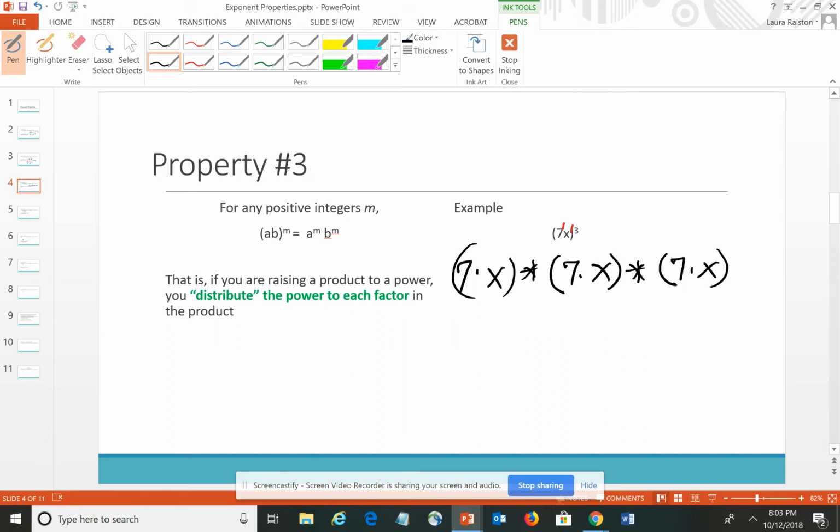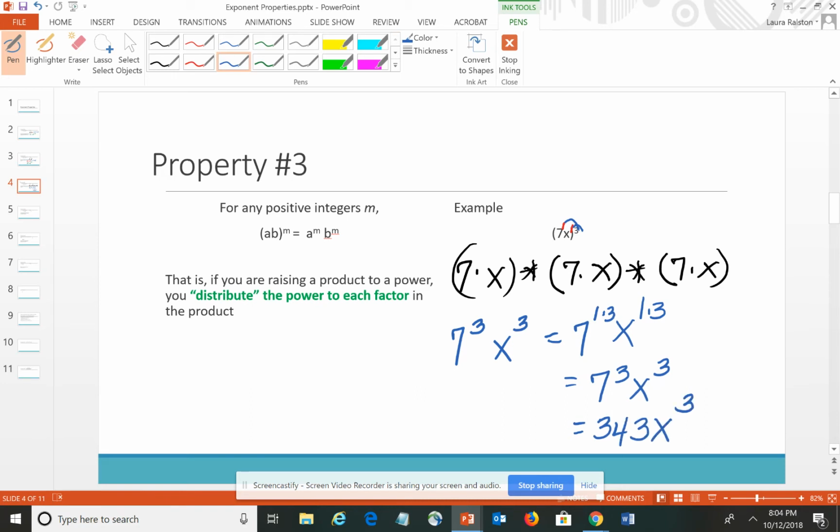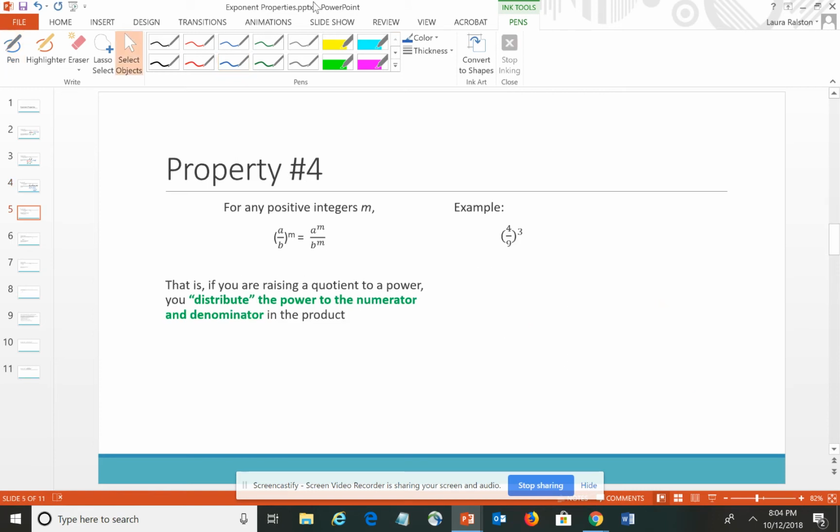So we have a string of multiplications for 7 as well as for the x. And if you notice, there are 3 7s. So it's 7 to the third. And then there are 3 x's, so it's x to the third. So again, you would have 7 to the 1 times 3, again distributing the 3, and then x to the 1 times 3. So you do get 7 to the third, x to the third. 7 to the third could be multiplied out, which is 343 x to the third power. So again, all these properties are related to the definition of exponents.